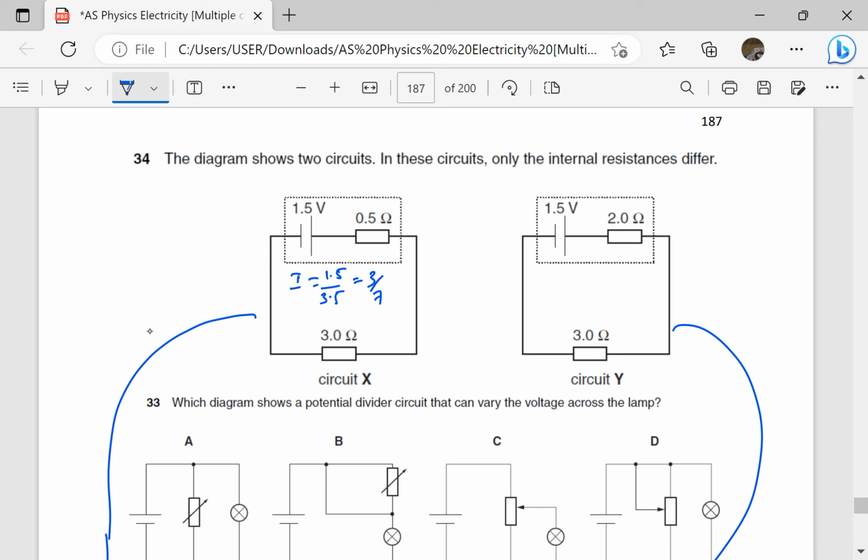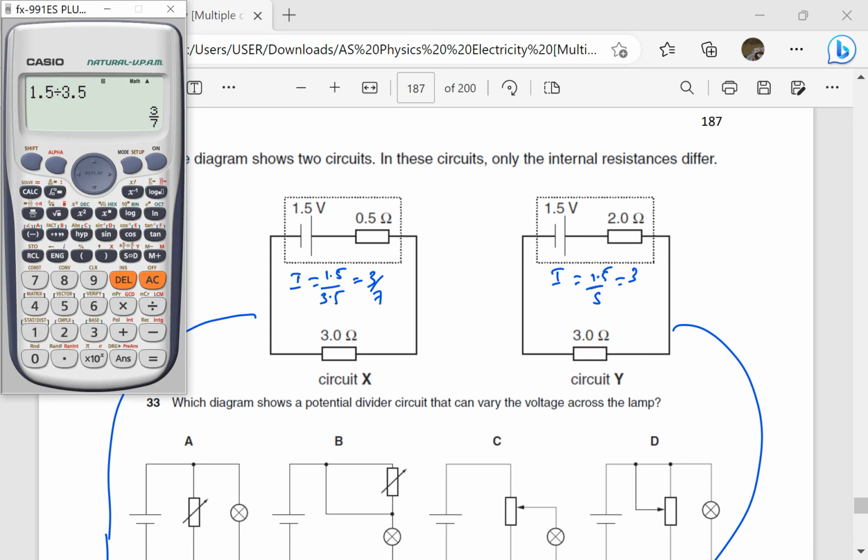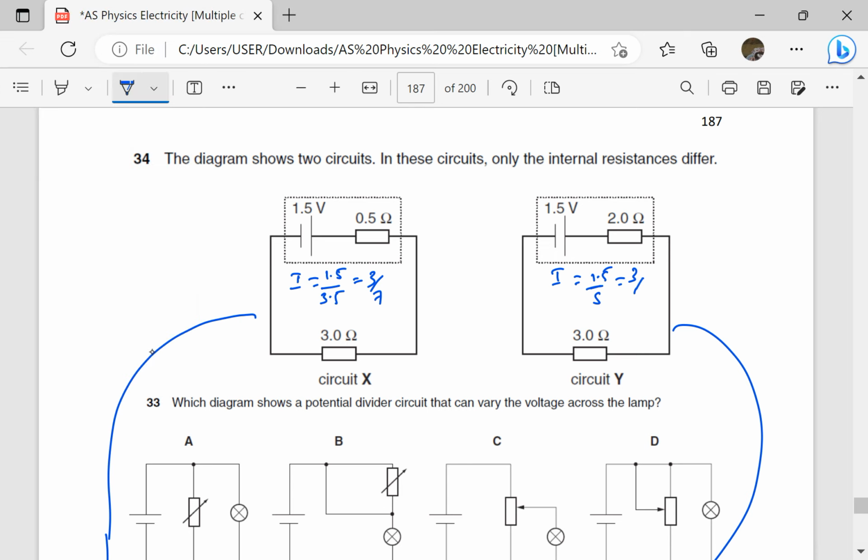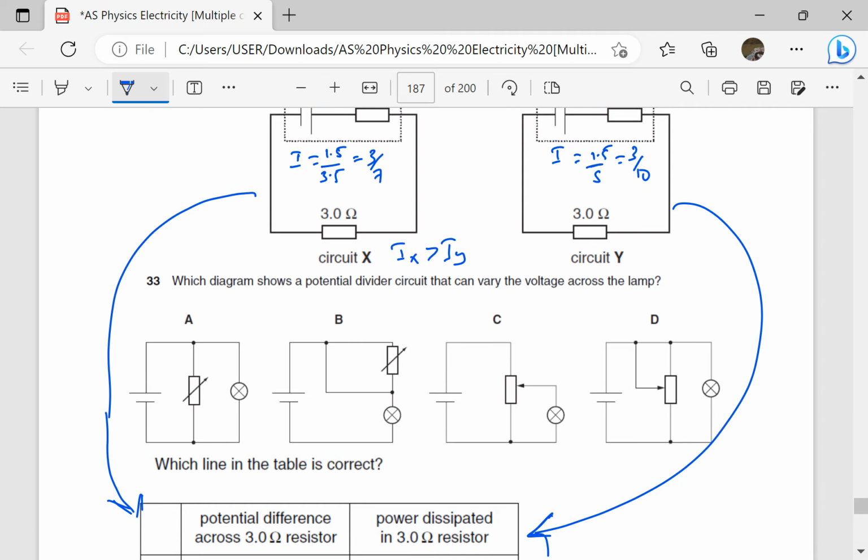And the current here is 1.5 divided by 3 plus 2, which is 5, which is 3 over 10. So you see that the current in X is greater than the current in Y. That's number one.